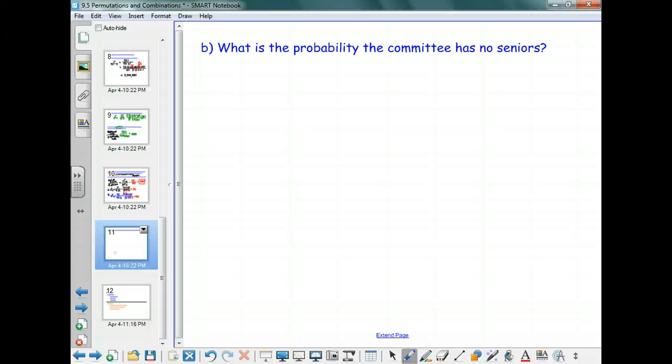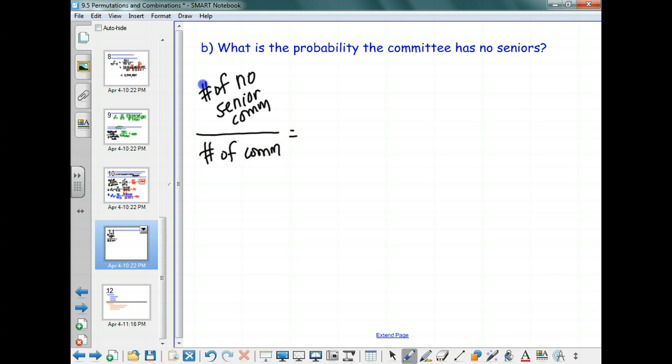Okay, so what you're wanting me to do then is to find the number of no-senior committees over the number of committees, right? And because there are 8 kids that are not seniors, I'm going to choose from that 8 to choose 3.